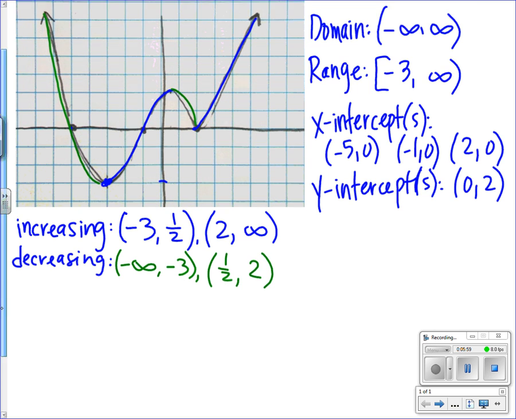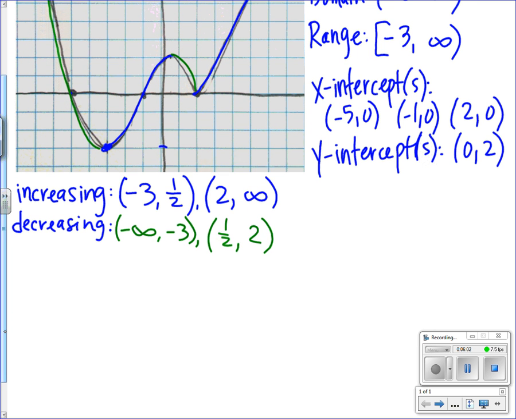Okay, questions on increasing, decreasing. Okay, do you guys remember the other two things? Anybody? Positive and negative.